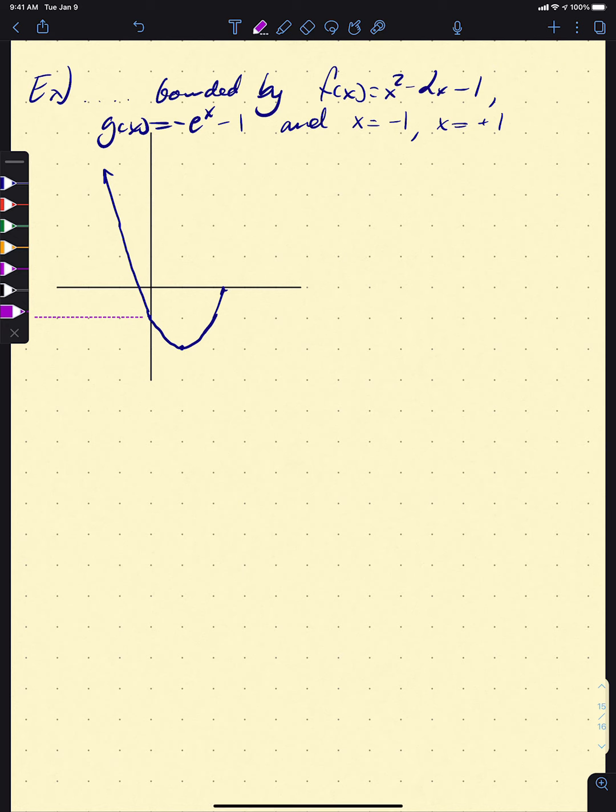So we can kind of draw that in. At 0, it's going to be at -2, and then it's going to do something like that. And then we're interested in the area from x equals -1 to x equals 1. So this little sliver here, okay?